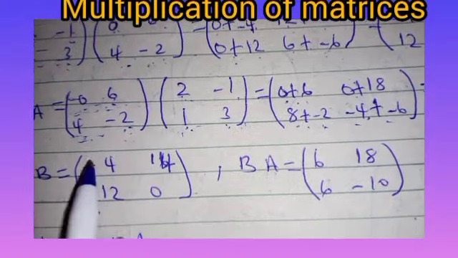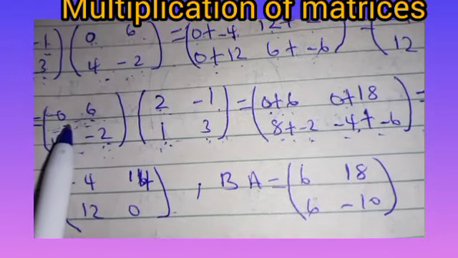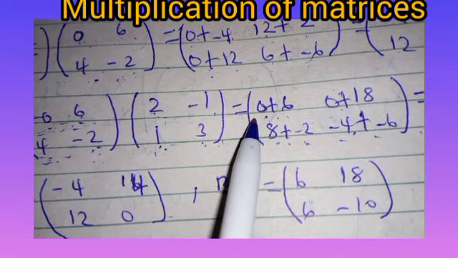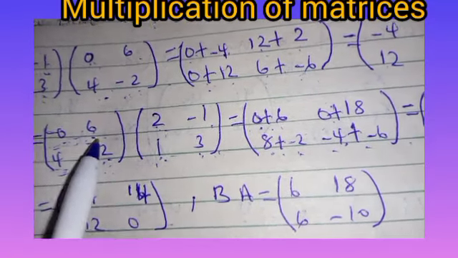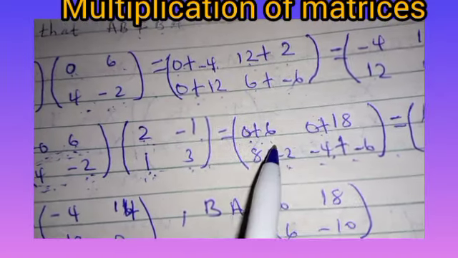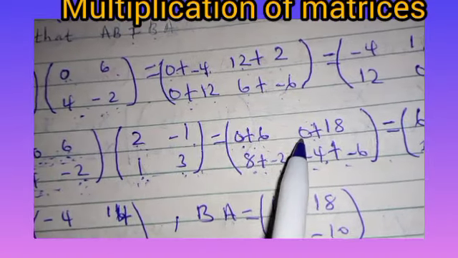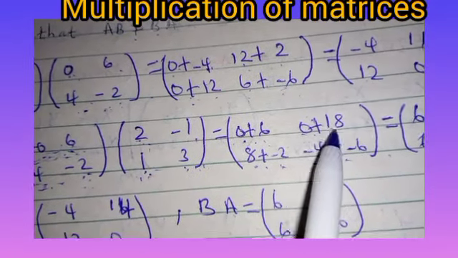Then next you have this part here, where we multiply. 0 times 2 will give you 0. Then you have 6 times 1, which will give you 6. Next you have 0 times negative 1, which will give you 0. 6 times 3 will give you 18.